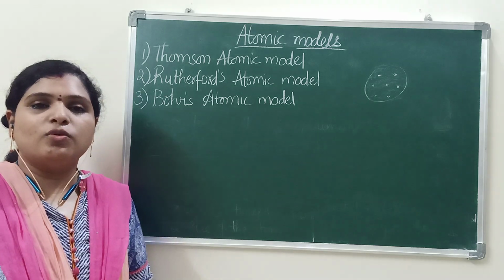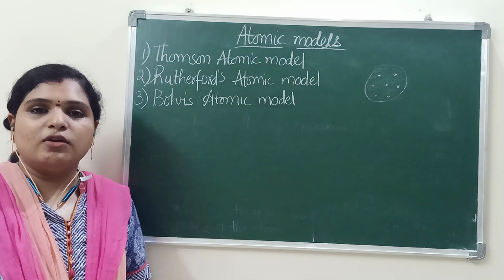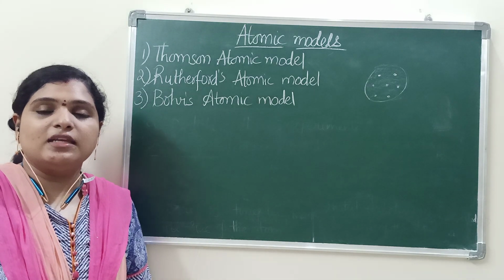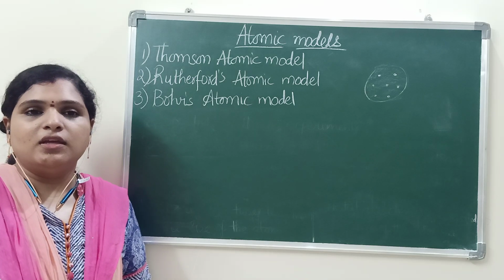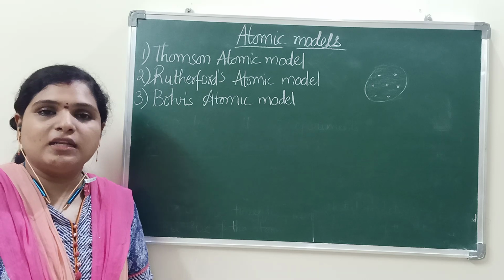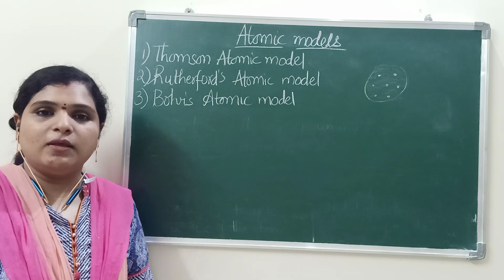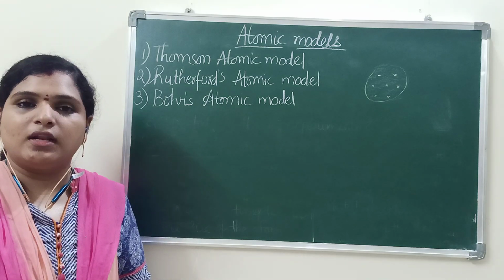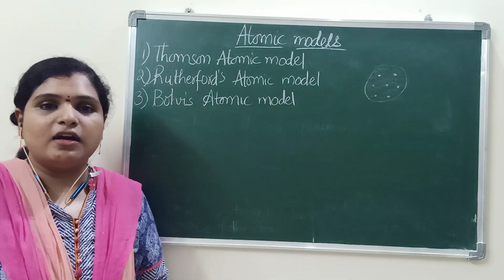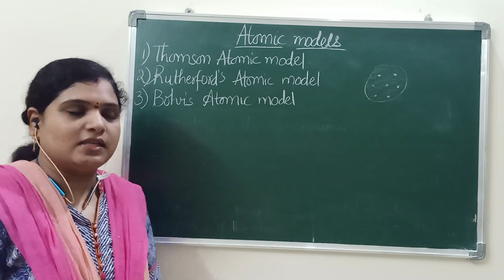The scientist who did the alpha scattering experiment to know the structure of the atom was Rutherford. Based on his alpha particle scattering experiment, he proposed Rutherford's atomic model. So, we will learn what that is in today's class.